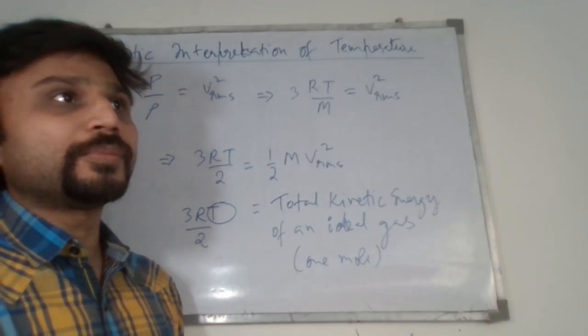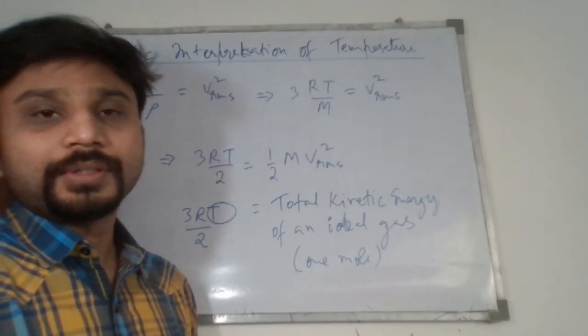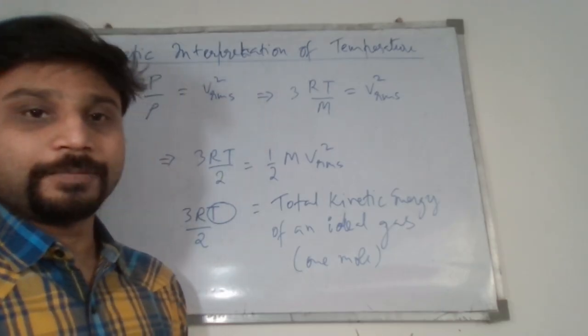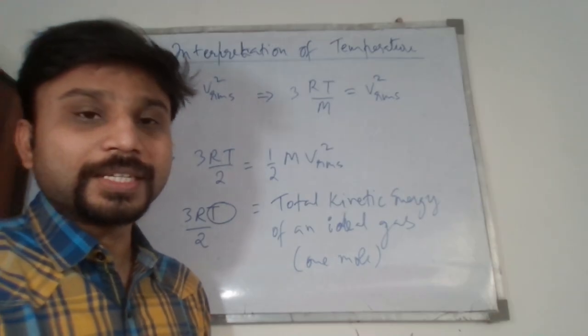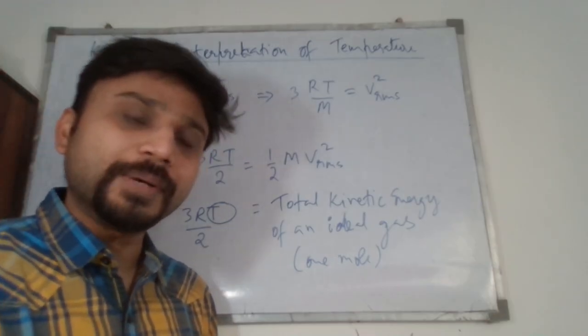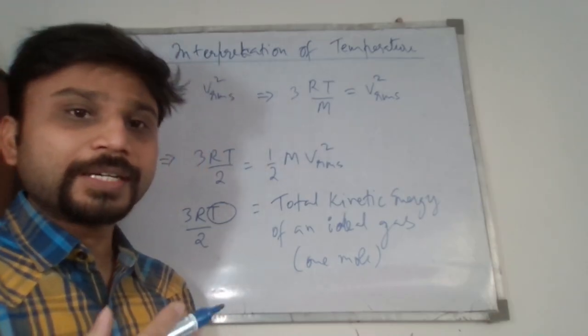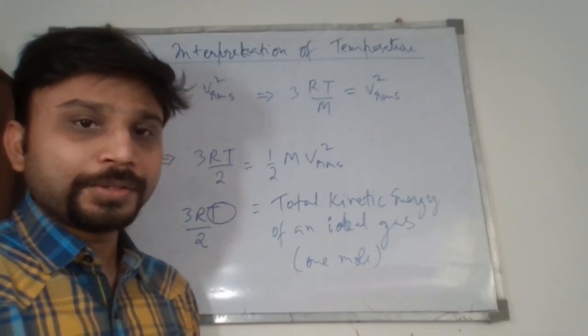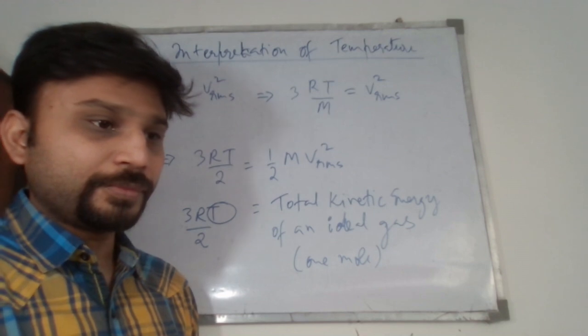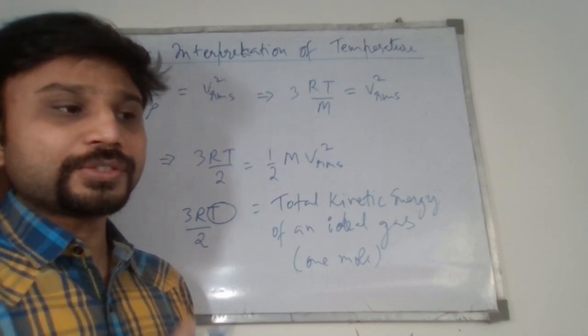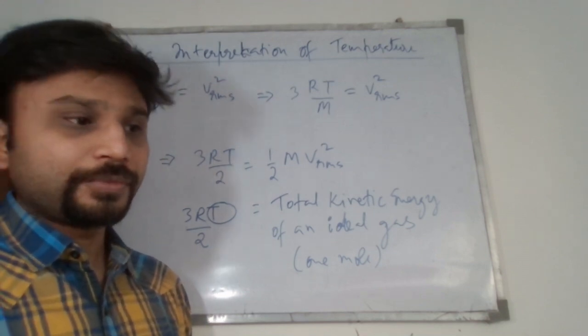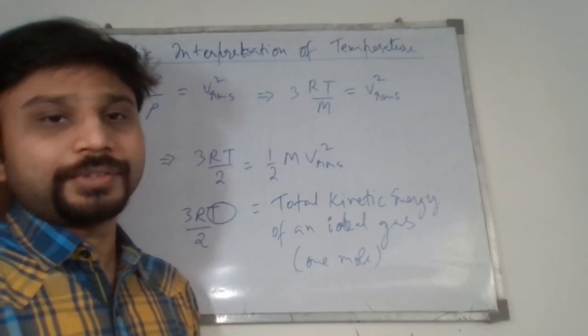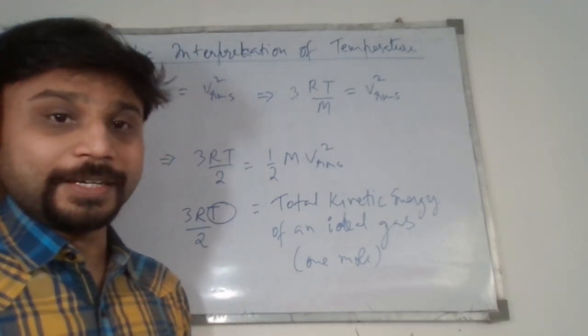So this is a monumental statement for a gas. Basically, it is a way of relating how fast the particles are moving. They are directly deciding what the temperature of the gas is. That means that temperature is not some quantity which we have devised out of thin air.